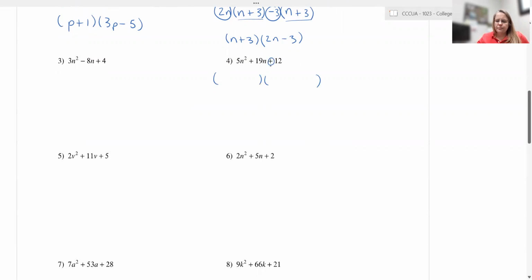Both signs are the same. Both of them are positive. And then I just come straight down here with 5n, 5n. And then I look at 5 times 12 to get 60. That's what I'm going to find my factors of.